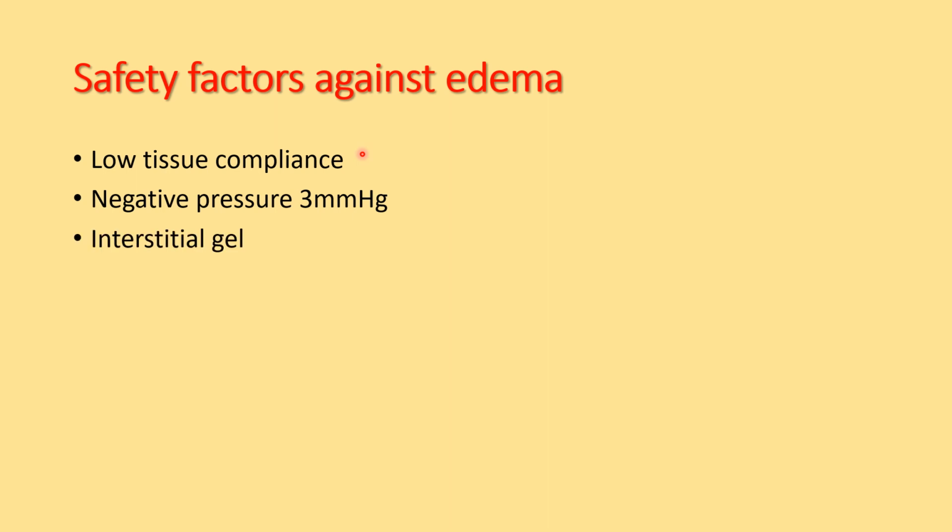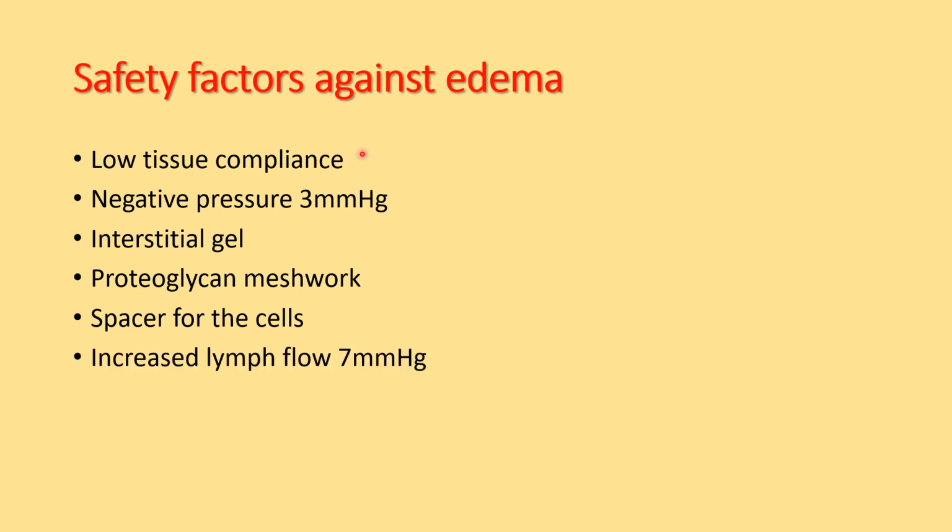The fluid is found in the proteoglycan meshwork, and the proteoglycan filament also acts as a spacer for the cells, and it prevents the fast flow of the fluid in the interstitial tissue space. So it also plays a role in the low tissue compliance. It keeps the negative pressure at minus 3 mm mercury.